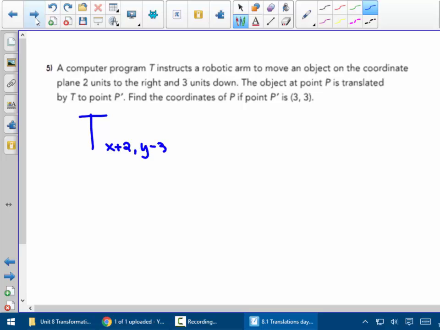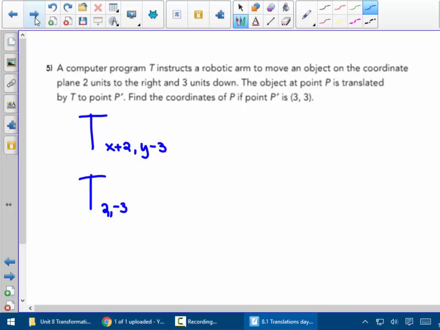So sometimes you see it written like this with a big capital T. Sometimes you just see 2, negative 3, which means add 2 to the x, subtract 3 from the y value. So under the translation, P is moved to P prime. Find the coordinates of P if they give you P prime.